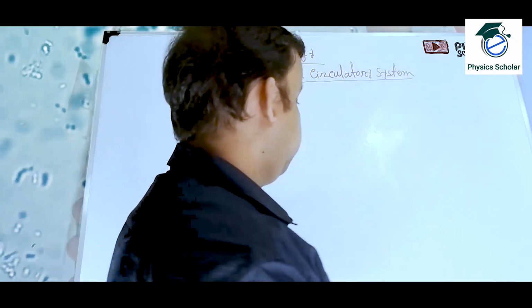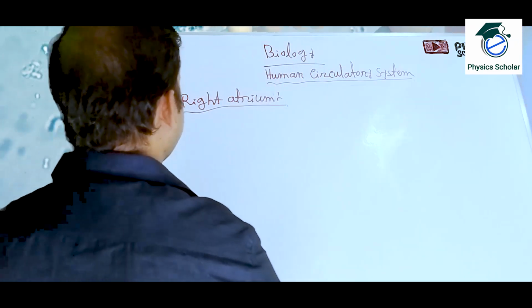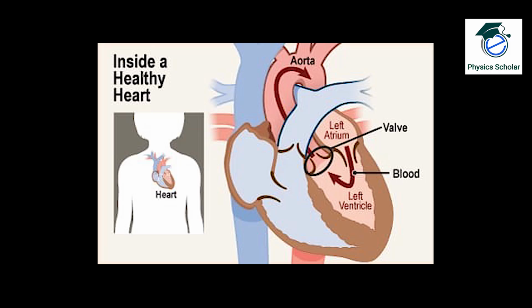So all the deoxygenated or impure blood will come from all the parts of our body, and it will be collected here.